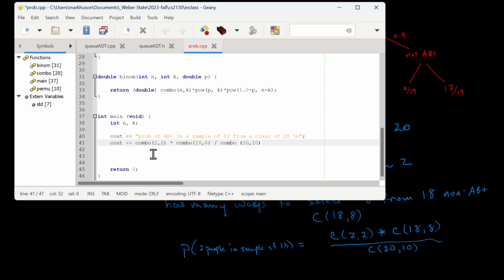Hopefully I didn't make too many errors there. It'll be on a line by itself. I'll just print that out. That's the fastest way to do it.